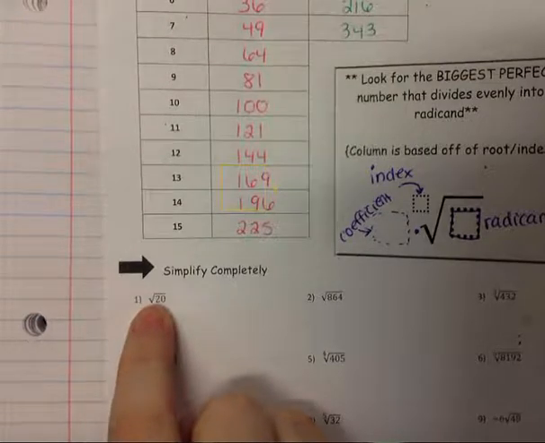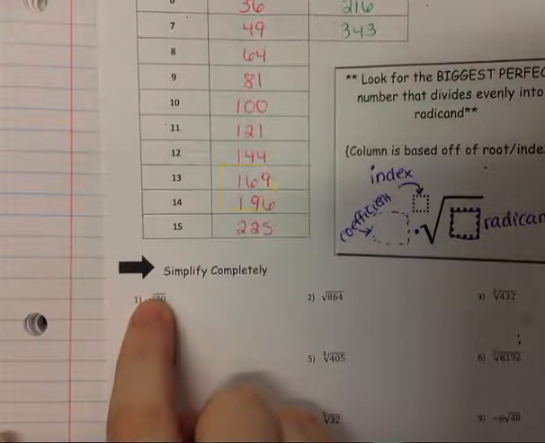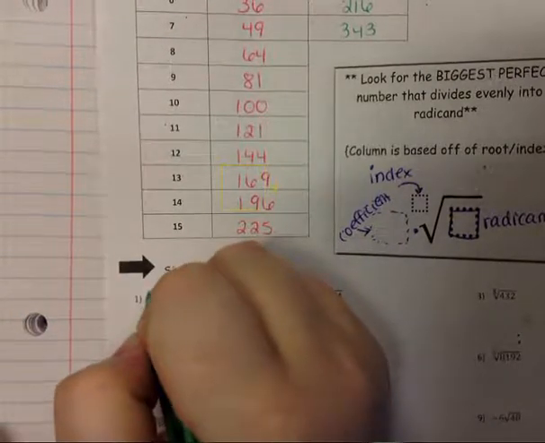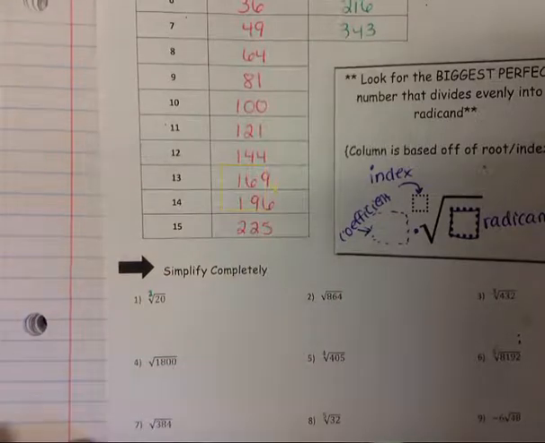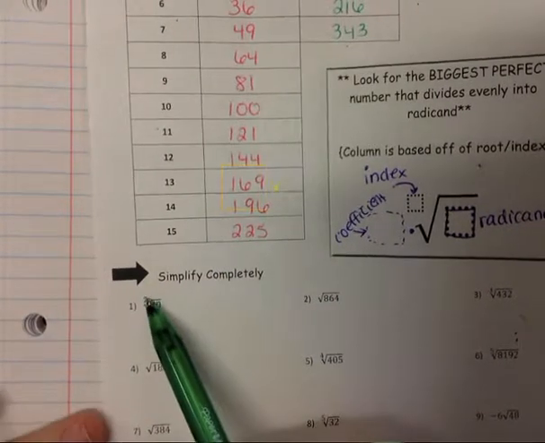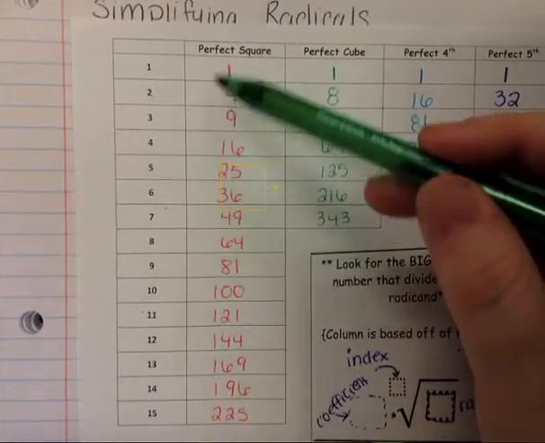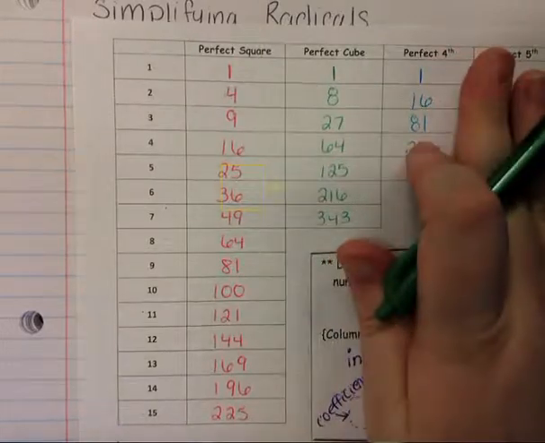The same thing happens with a radical. If you don't see a number inside the index, it's actually a 2. So this index is actually a 2. You don't have to see it, but it's there. That tells me that in the index, I'm going to be looking at the perfect square column. So I'm not even going to focus on these numbers over here.